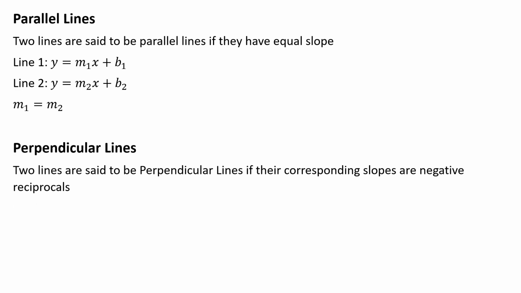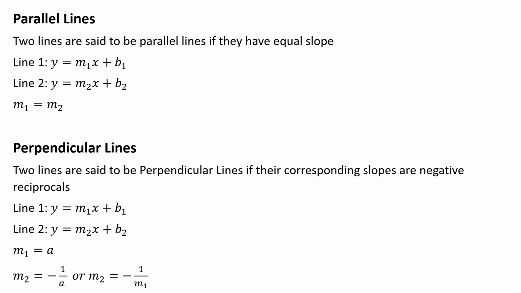But of course, if we have parallel lines, we also have perpendicular lines. Two lines are said to be perpendicular lines if their corresponding slopes are negative reciprocals. For the representation of perpendicular lines, we have line 1, y equals m sub 1 x plus b sub 1, and line 2 as y equals m sub 2 x plus b sub 2.